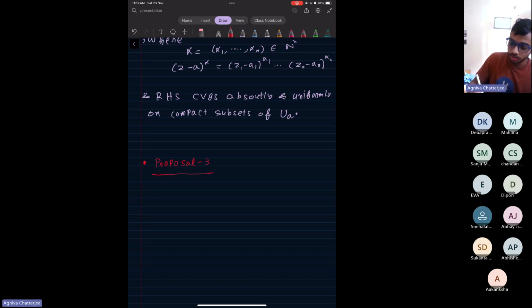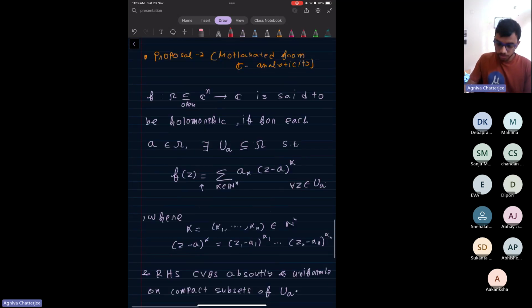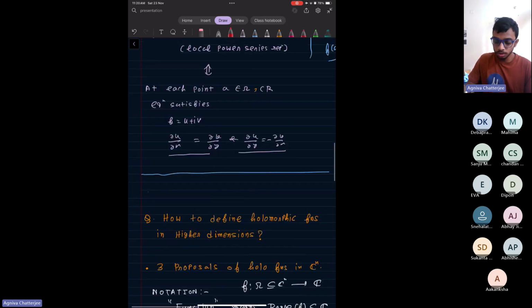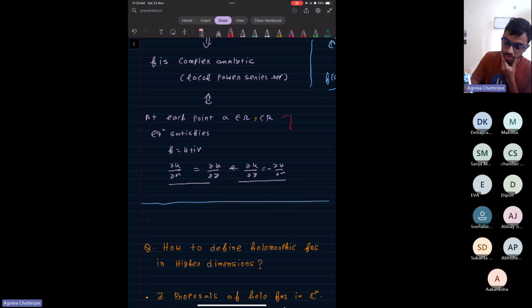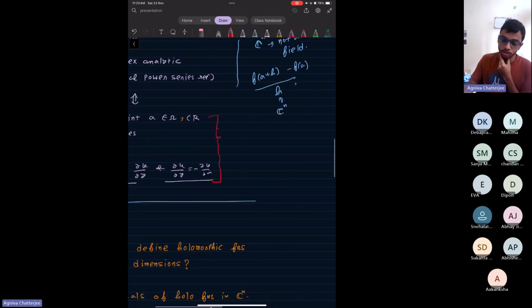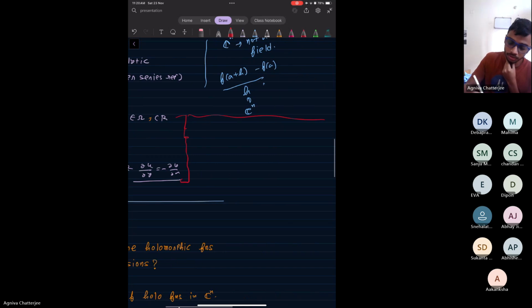This is motivated from the CR equation. Now there is a catch over here. Let's go back to the CR equation in one variable. In one complex variable, the CR equation means that the partial derivatives satisfy this relation. Now, when you are in higher dimension, so Cn to C, how many partial derivatives do you have?